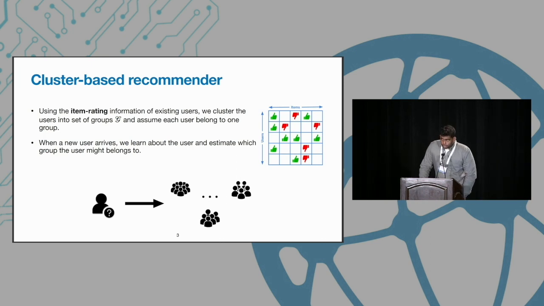So how we handle this problem is by using a cluster-based recommender. When we have the information from existing users, the main information we use are the item rating information. So we use this to cluster the existing users into different groups, typically based on their preferences. And then when a new user arrives, we try to estimate which group this new user belongs to.